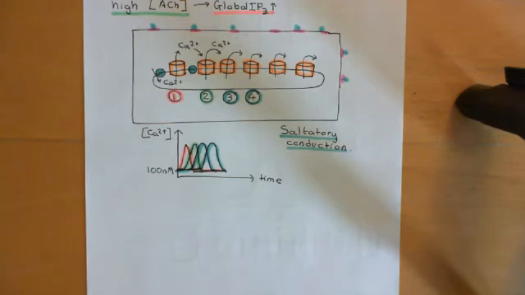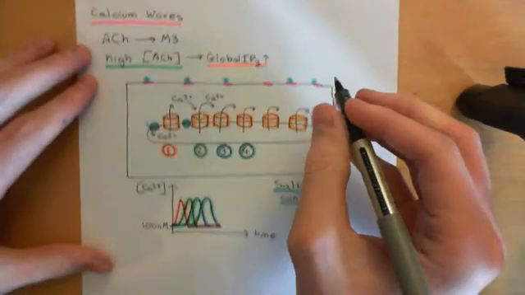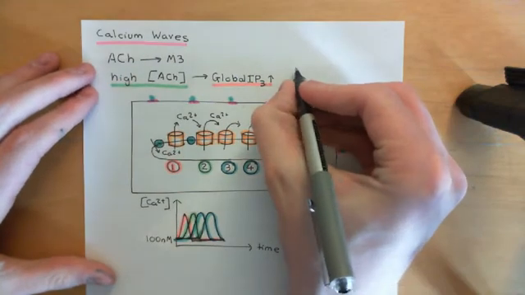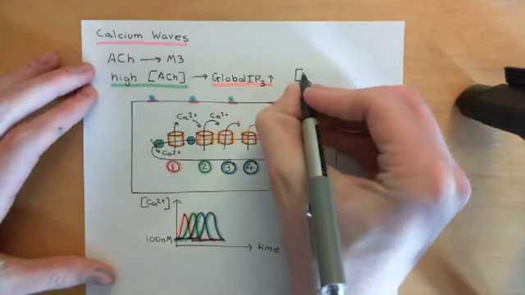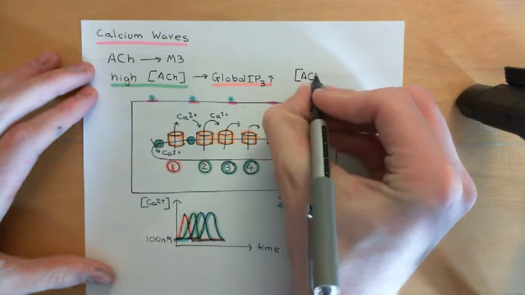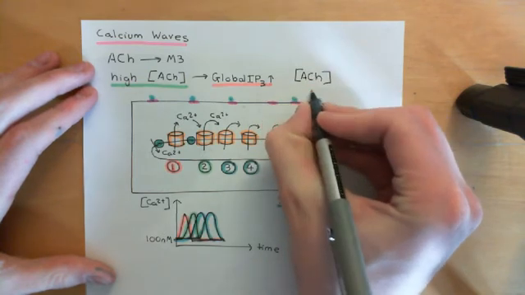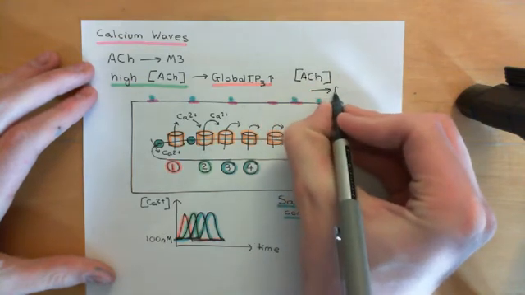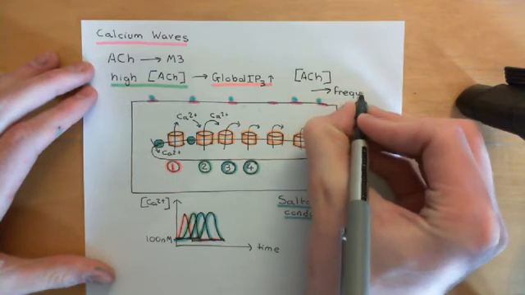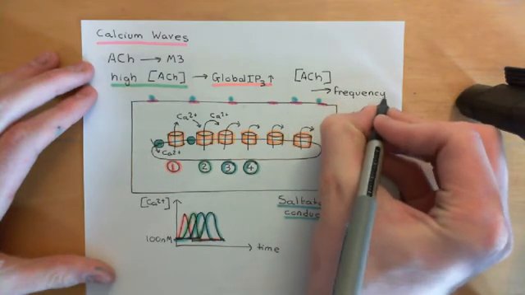Now another key principle that I want to say here is that the concentration of acetylcholine determines the frequency of the calcium waves. What do I mean by that?